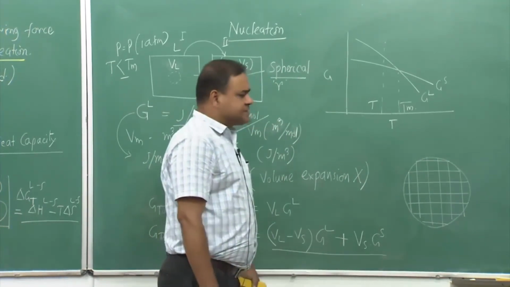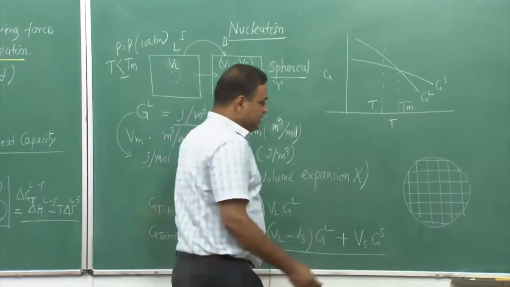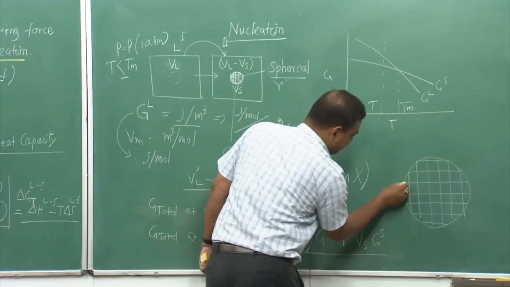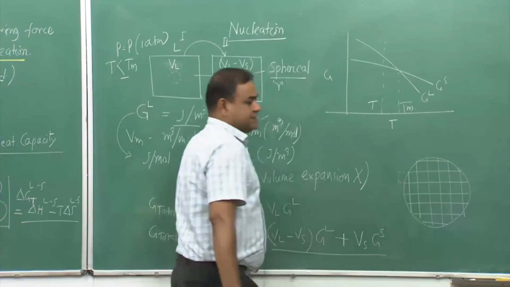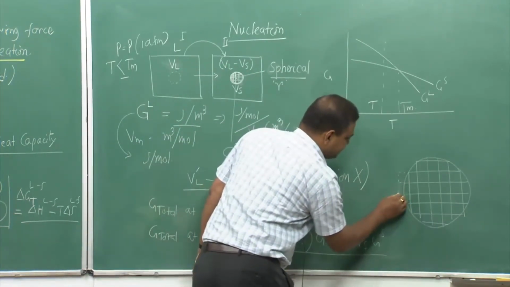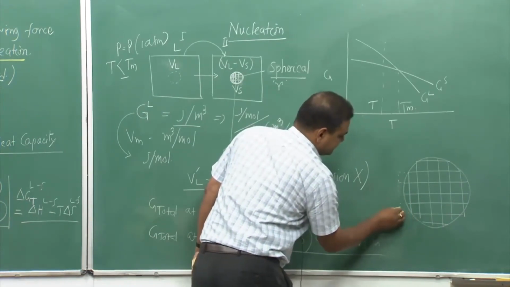Now at some point I do have a missing part. For example, this is not of the same length as this. So if I extend it, then only I get a lattice. Similarly here, if I extend it, then I will get a lattice.